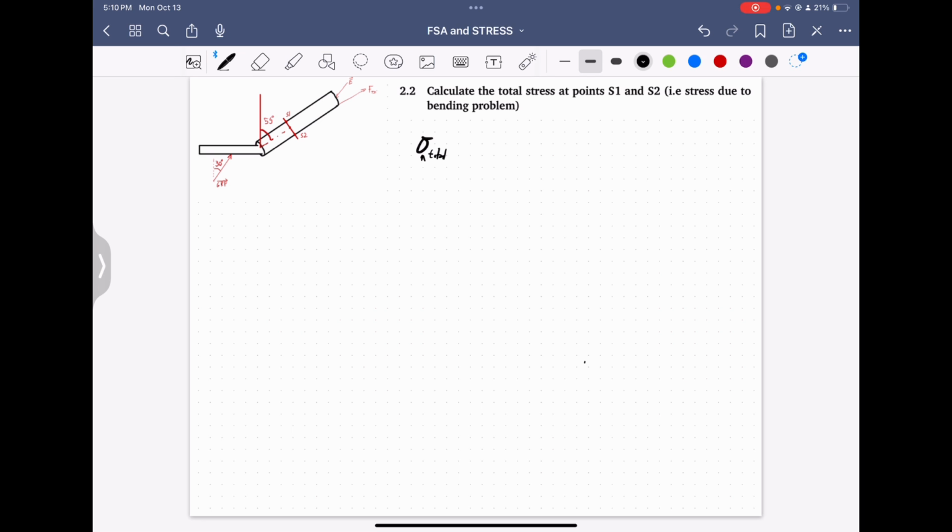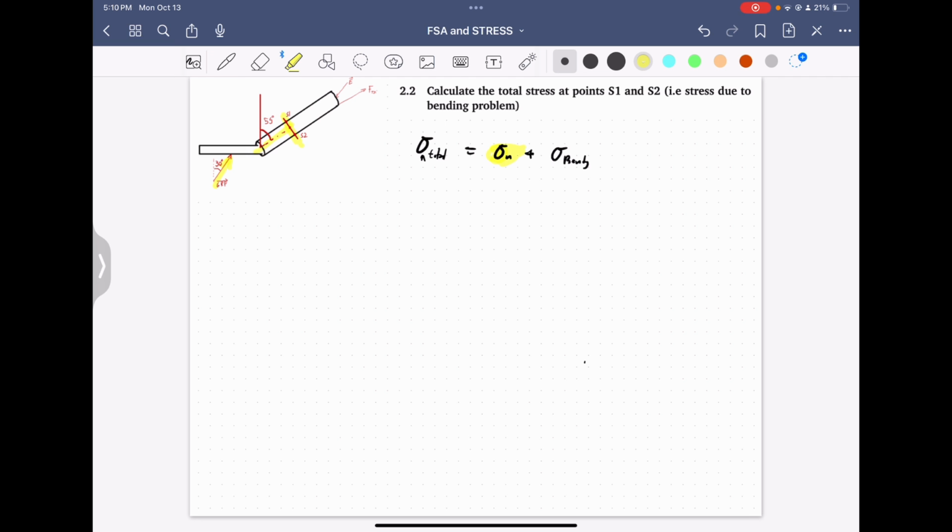So I'll put a little n there. And so what it's going to be is our normal stress plus stress due to bending, or normal stress due to bending, right? And this guy is what we got in our previous question, because it's the stress that is perpendicular to that surface. But then we know that there's also stress due to bending.